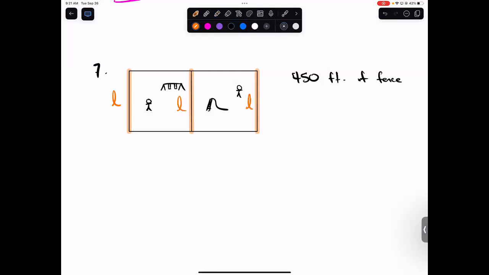Okay, what do you want to call this? I used L, so I'm going to use W, but again, the labels don't really matter. Then that means that this one is also W.